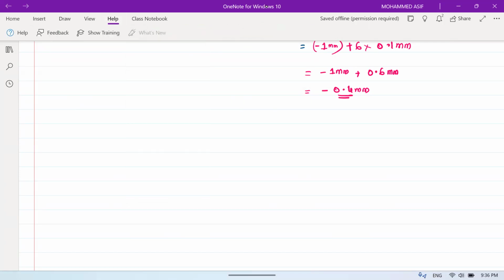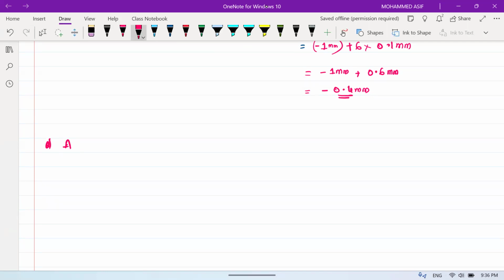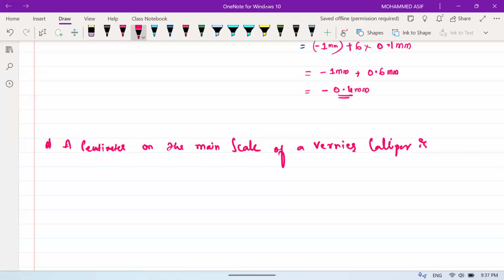Okay, sure. Read this question, beta. See this question, everyone. A centimeter on the main scale of a vernier caliper is divided into 10 equal parts.